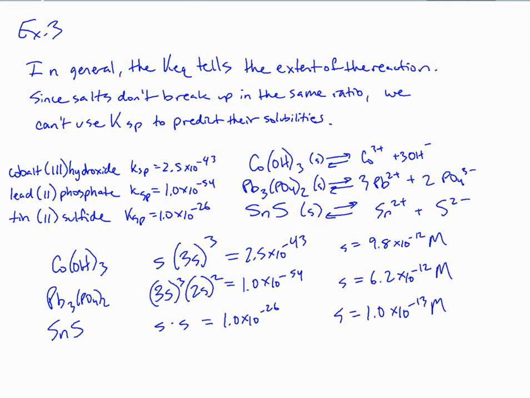Or that's in the middle. So this is just to illustrate that you can't just base your ideas off of the KSP. S is a more reliable indicator of the solubility. So kind of the bottom line there.